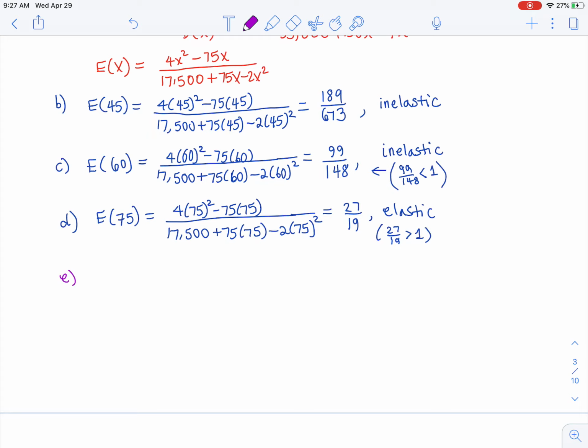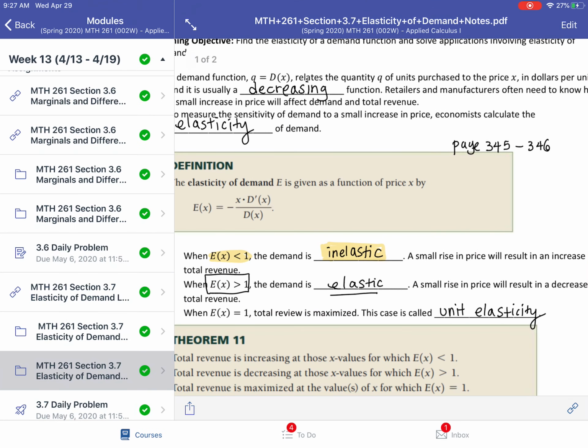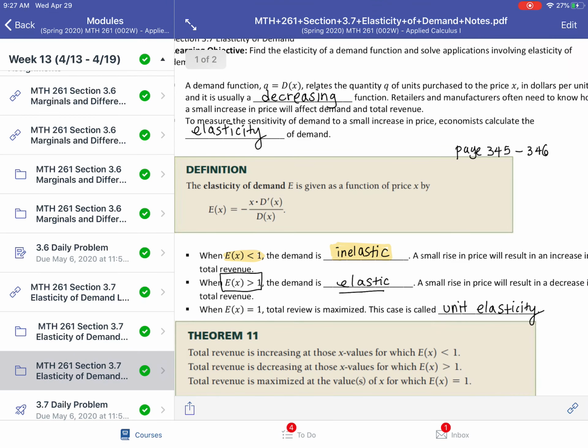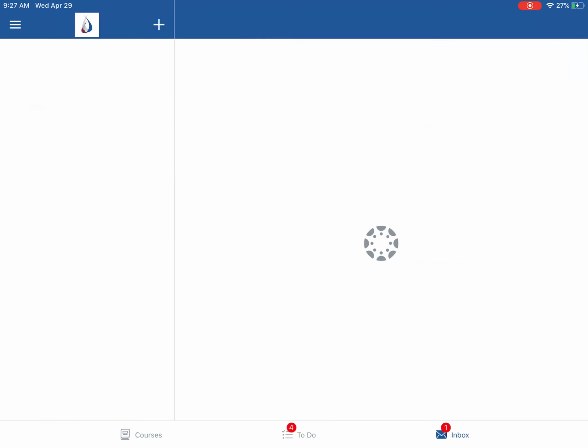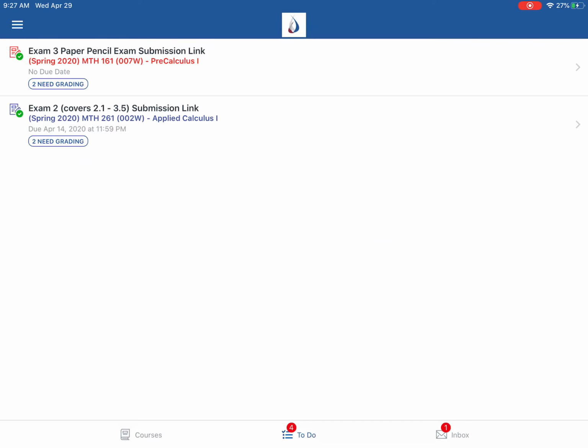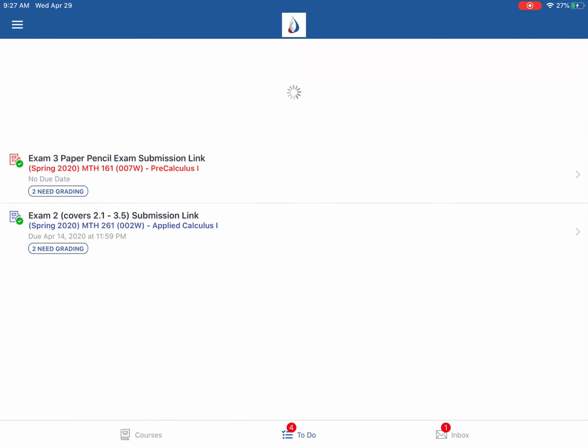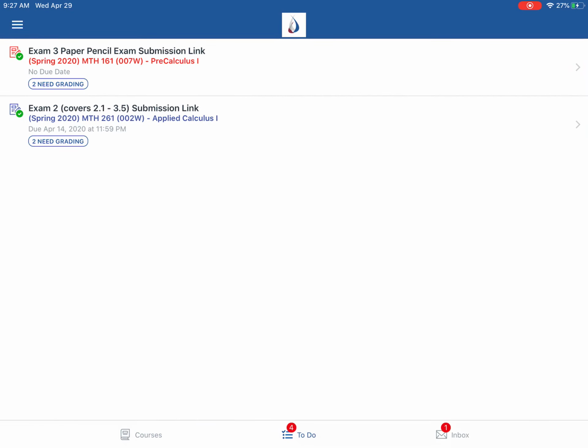All right, part E. Find the x value that will make E of x equal 1. Now, what was the word that we used? Unit elasticity. Remember, when E of x is 1, the total revenue is maximized.